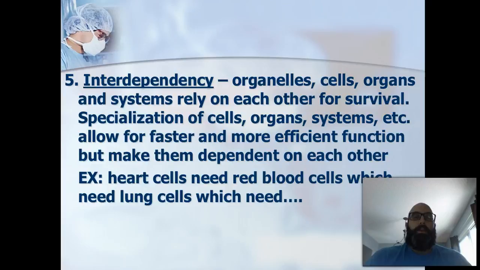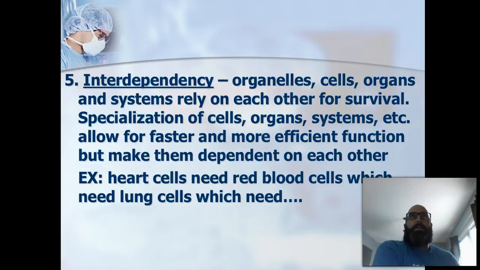So for example, your heart cells have to have red blood cells in order to survive, because the red blood cells deliver oxygen, which is needed by the heart muscle cells. So we have this dependence upon the cardiovascular system to provide oxygen to cardiac muscle cells.